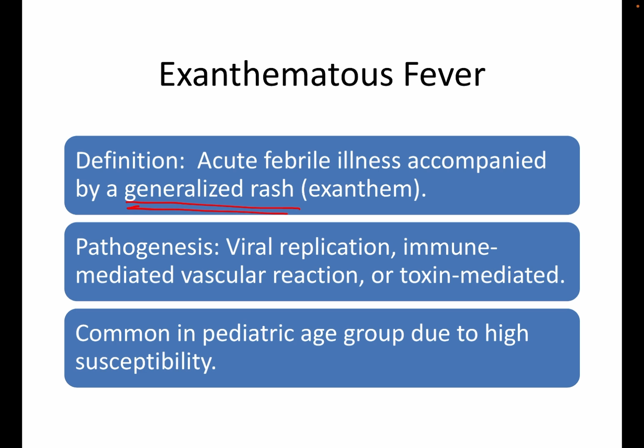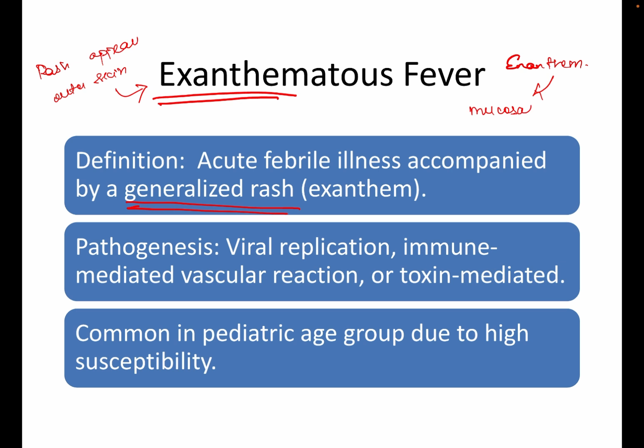So now comes the question, what is an exanthem and what is an enanthem? Any rash that appears on the outer skin is called an exanthem. Any rash that appears in the mucosa is called an enanthem.